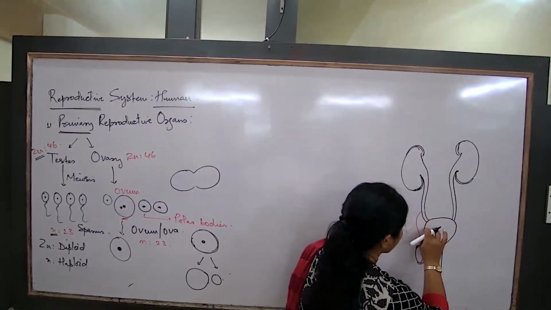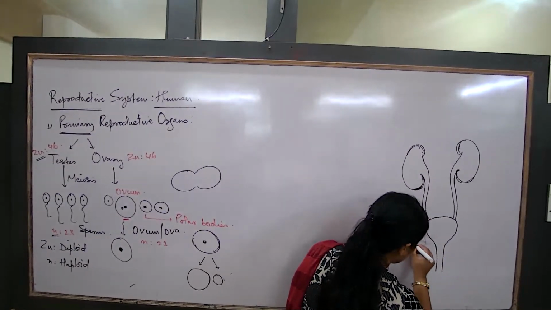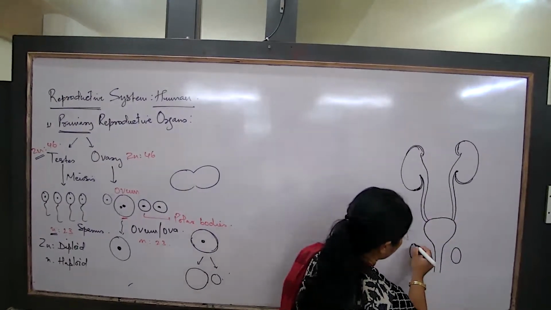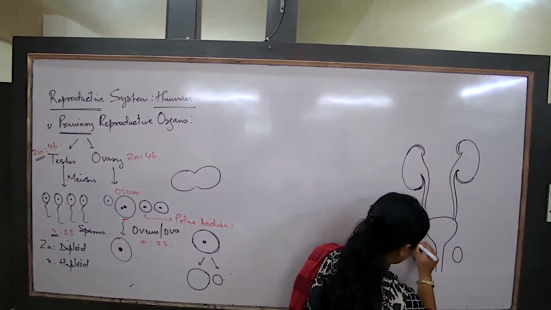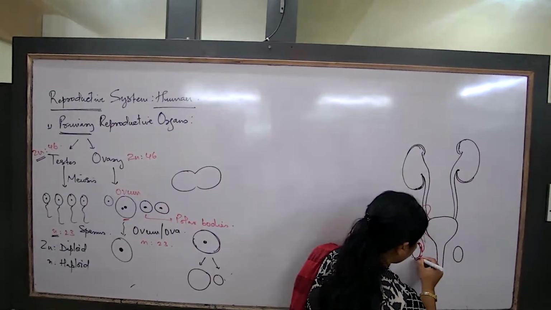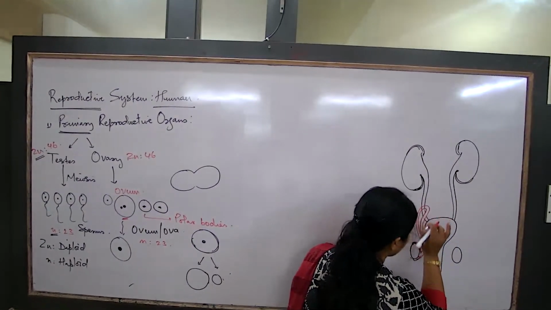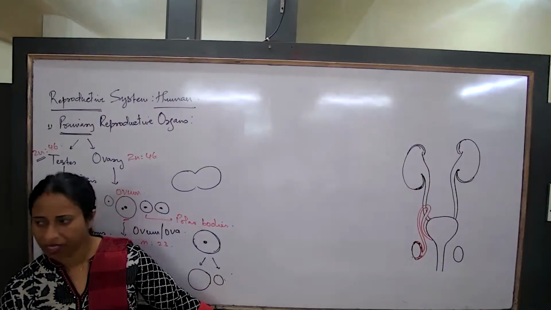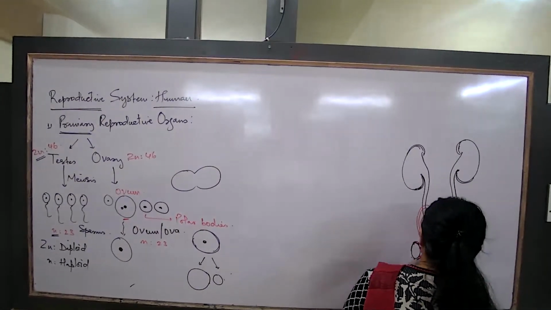Next slide. The cell of ovary divides by meiosis such that the cytoplasm is concentrated in one single cell, which is known as the ovum.